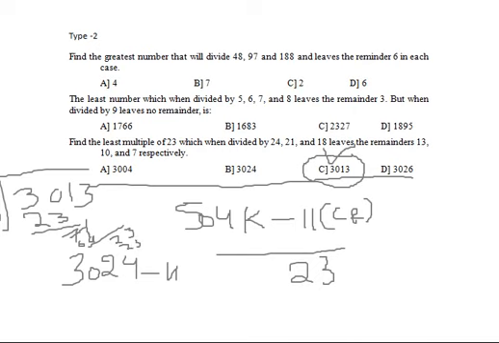That means it is divisible. Or you can go directly by dividing by 23 with the options. But the thing is, if they have given two options of multiples of 23, then it would be very tough to solve the question. So just go by this method, find out the LCM, then write down the equation as 504k minus the common remainder. It would be the multiple of 23, right?